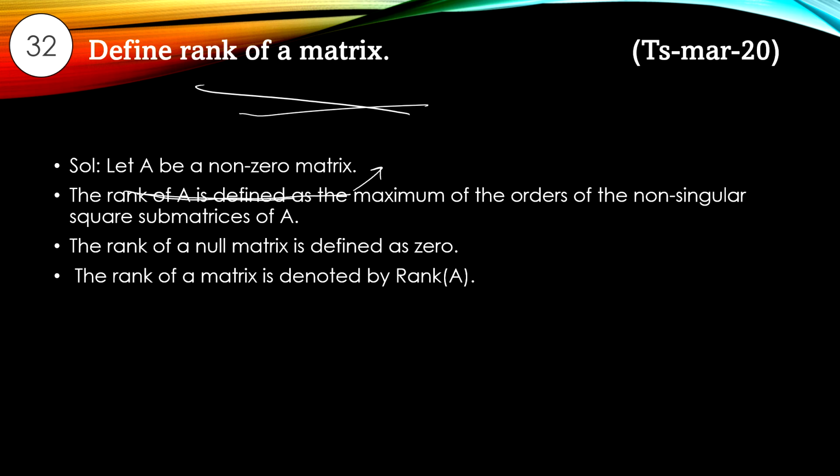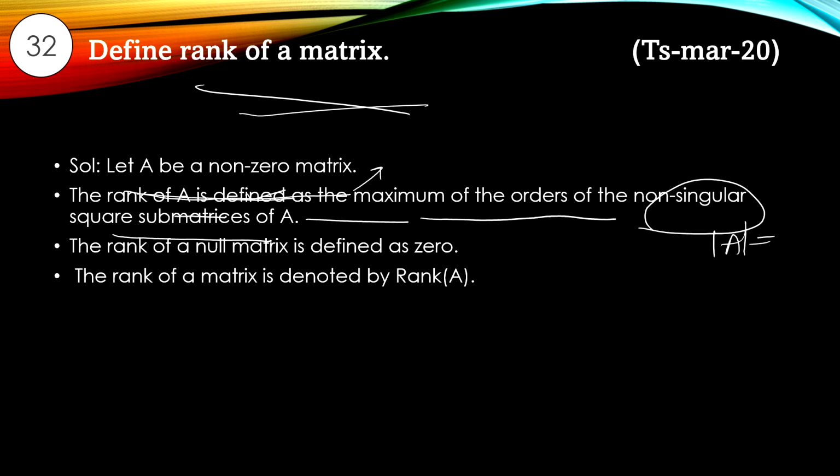It is not only for square matrices that we can calculate the rank. You can take any non-zero matrix. So the rank of A is defined as the maximum of the order of the non-singular square submatrix of A. We already said, right? Non-singular means what? Det A is not equal to 0, then we can call it a non-singular matrix.